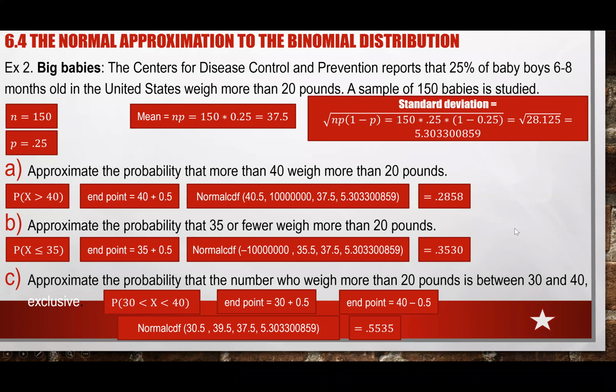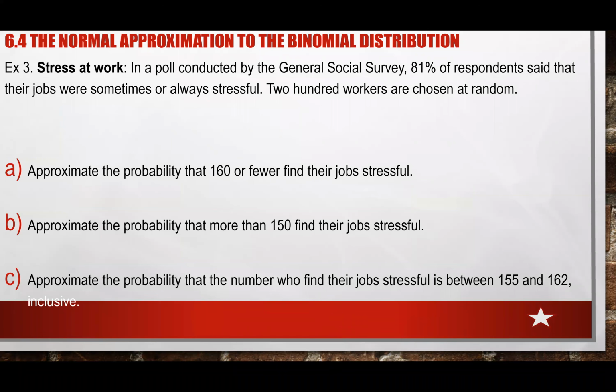Let's take a look at another problem, and hopefully the third time around is a little bit clearer. If not, we have one more problem. Let's take a look at example 3, stress at work. In a poll conducted by a general social survey, 81% of the respondents say that their job was sometimes or always stressful. 200 workers are chosen at random.